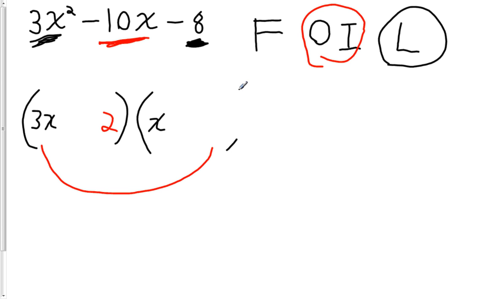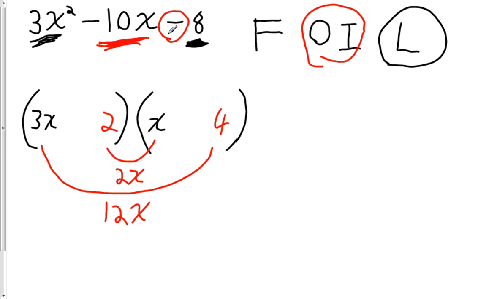So when I try the factors 2 and 4, when I multiply outside, I get positive 12x. When I multiply inside, I get 2x. The sum of these has to be negative 10x. And not only that, the two factors of 8 have to have opposite signs because this is a negative 8.